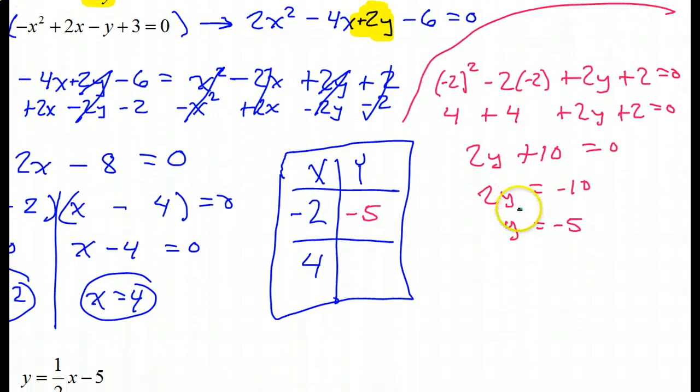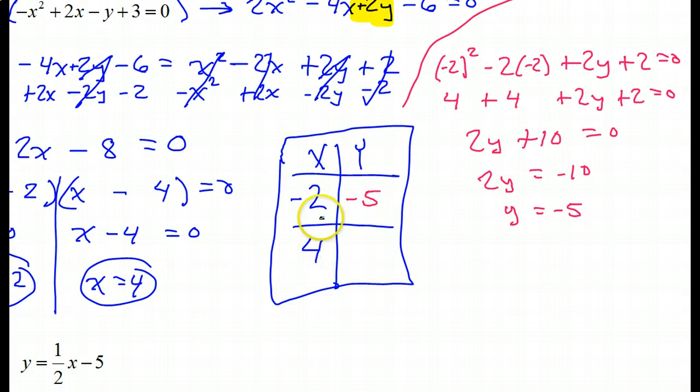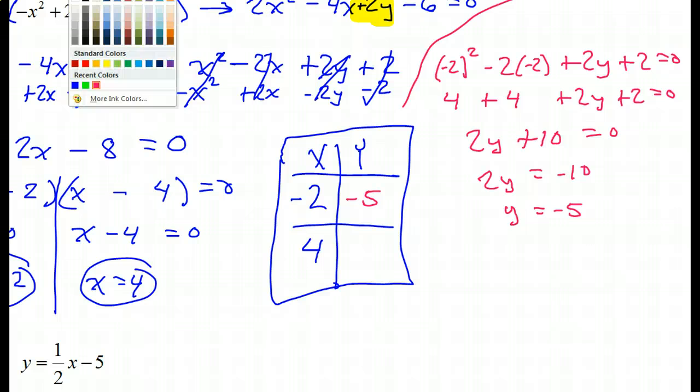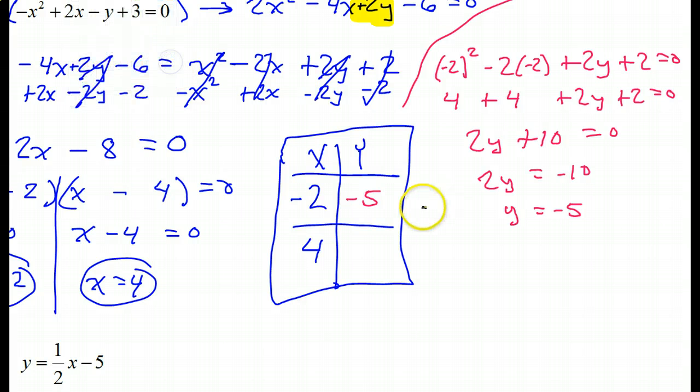I need to do that one more time with a 4. I think I'll use purple. So again, just putting in a 4 here. That'll give me 4 squared minus 2 times 4, and then the rest of it, plus 2y plus 2 equals 0.